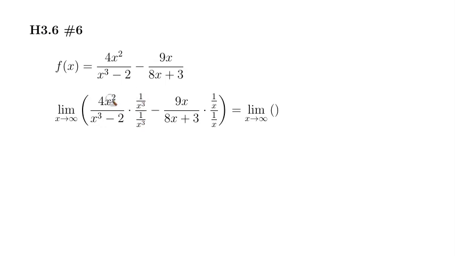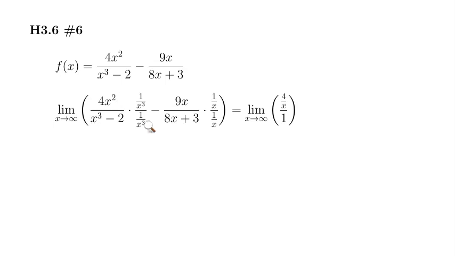So 4x squared divided by x cubed gives you 4 over x, and x cubed divided by x cubed gives you 1 there.